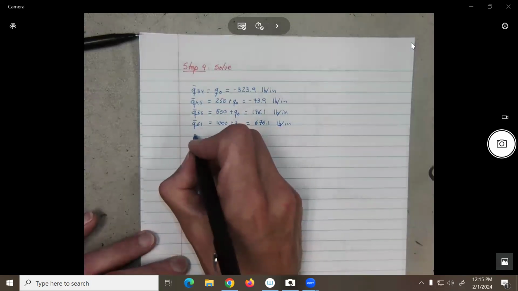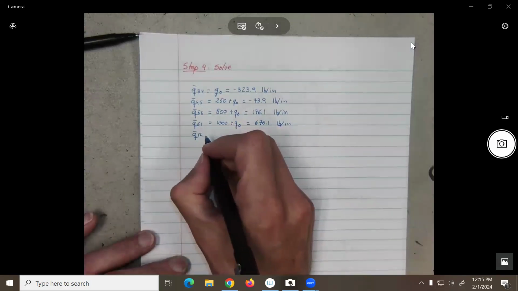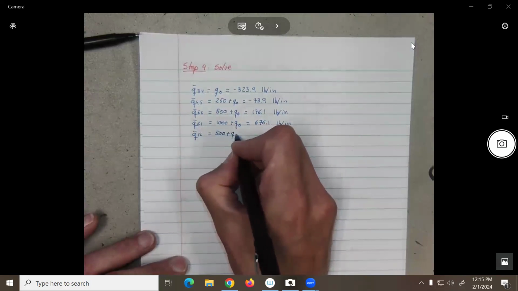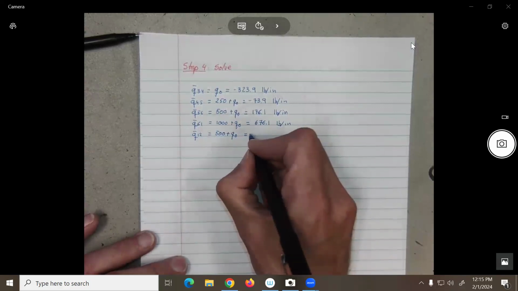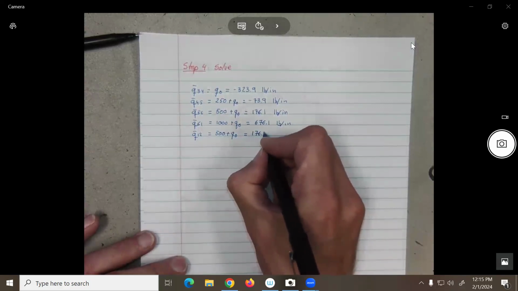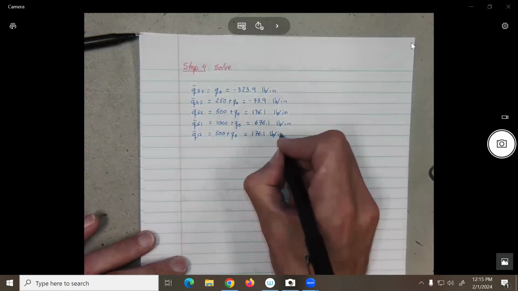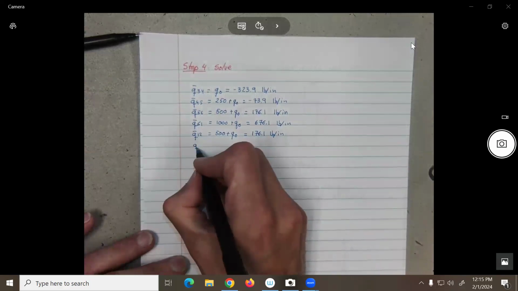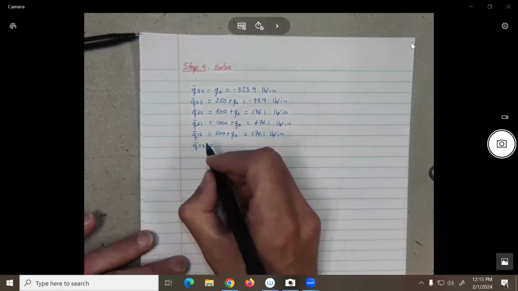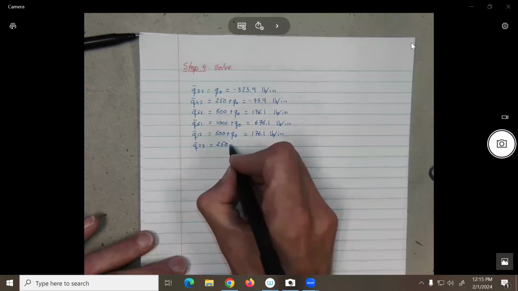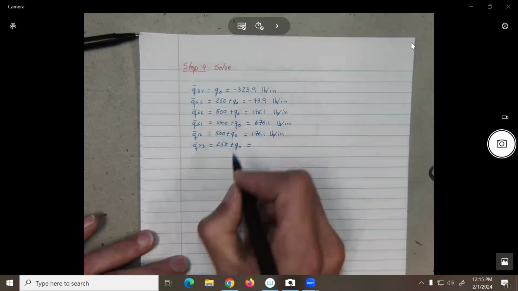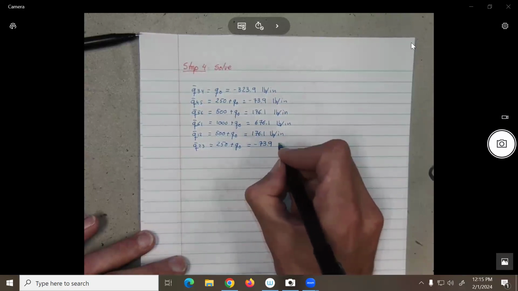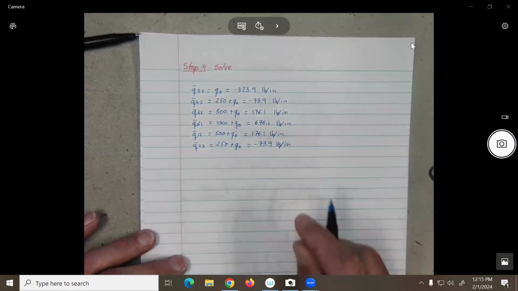Q bar 1, 2 will be 500 plus Q naught, so will be the same thing as Q56, so 176.1 lb per inch. And missing just Q bar 2, 3 at the end, which is 250 plus Q naught, which should be the same as Q45, minus 73.9 lb per inch.